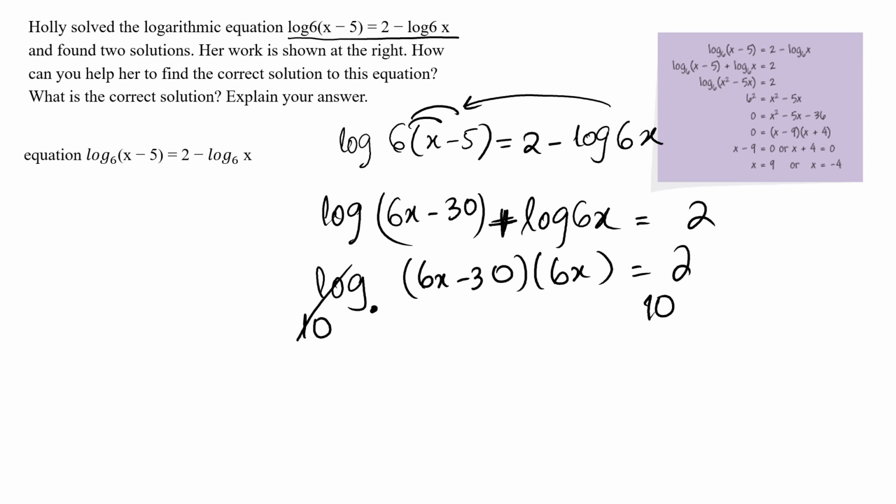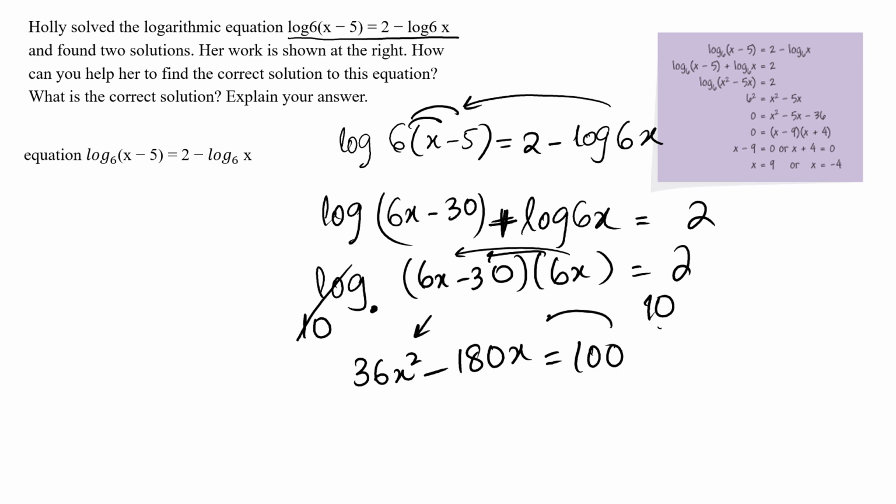So open the bracket. 6 times 6, 36x squared. 6 times 30 gives me 180x equals 10 to the power 2, which gives me 100. Now this is a quadratic equation. Bring the 100 to the other side, and it gives me minus 100.